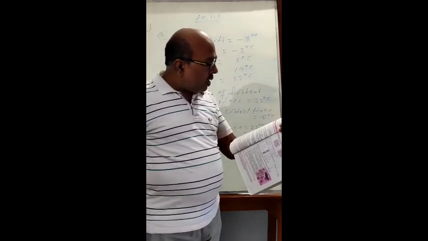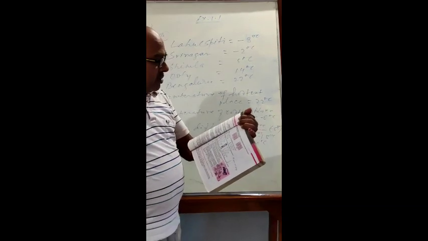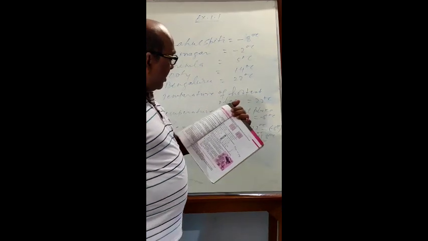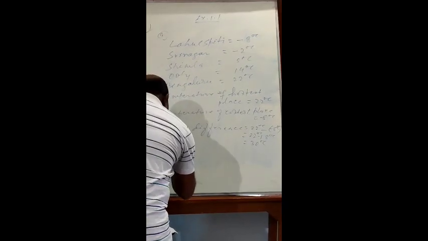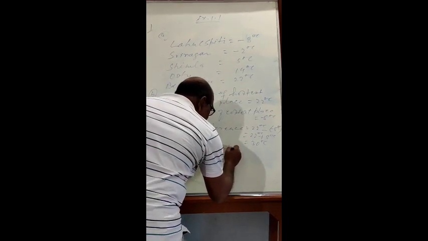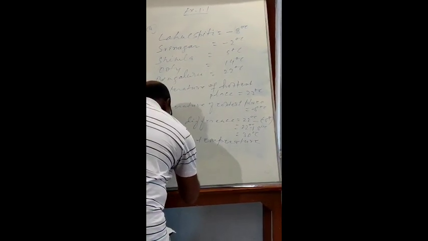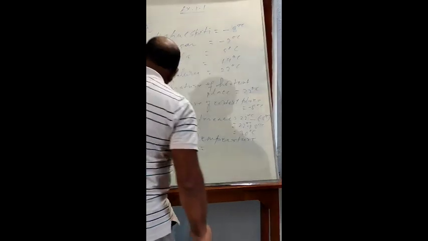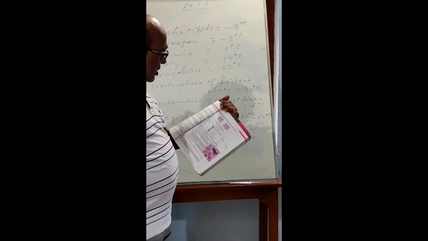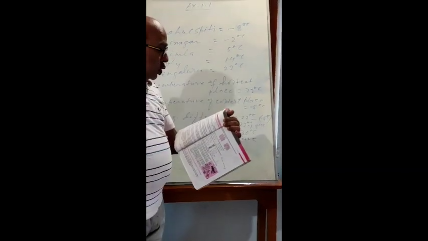In question C, what is the temperature difference between Lahul Spiti and Srinagar? We have to find the temperature difference between Lahul Spiti and Srinagar. The temperature of Lahul Spiti is minus 8 degrees Celsius and the temperature of Srinagar is minus 2 degrees Celsius.